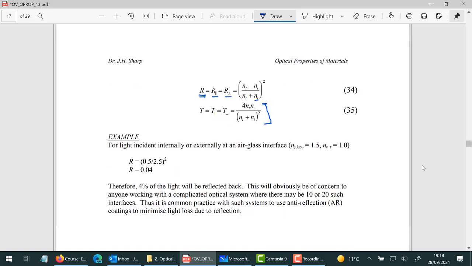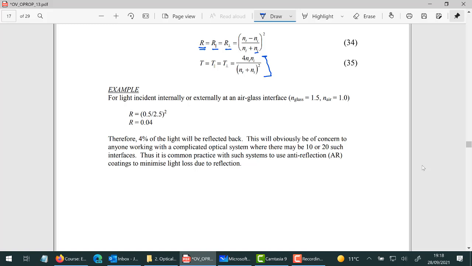If we look at an example now, the refractive index of glass is about 1.5, and if we're going from air into glass, where the refractive index is 1, then the reflectance is about 0.04.